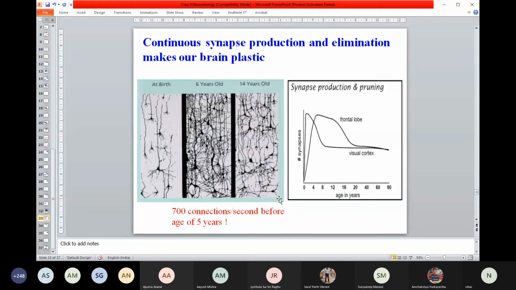Now look at the structure of the neurons. At 6 years of age there are more and more connections, more jungles, and that may be a little bit reduced later, but it's still denser than at birth. So what it tells you is the number of neurons.